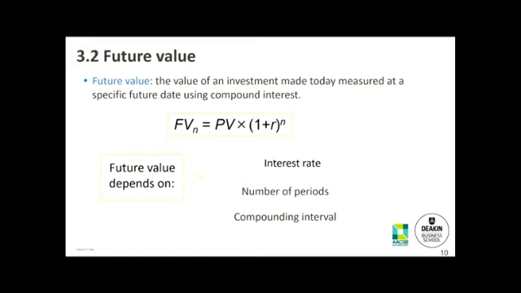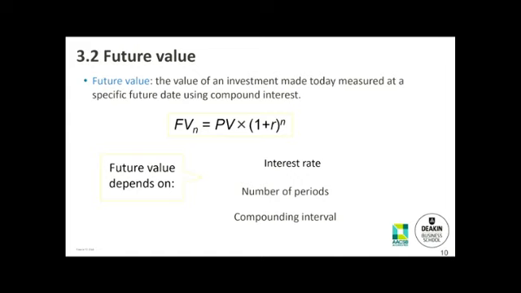Future value: the value of an investment made today, measured at a specific future date. Future value depends on three components. In this equation, as you can see, it depends on the interest rate. I put money into the bank, and my future value depends on the interest rate. Think about my example: the higher the interest rate, the higher the future value. It depends on the number of periods. The longer you put the money into the bank, the higher the future value, right?